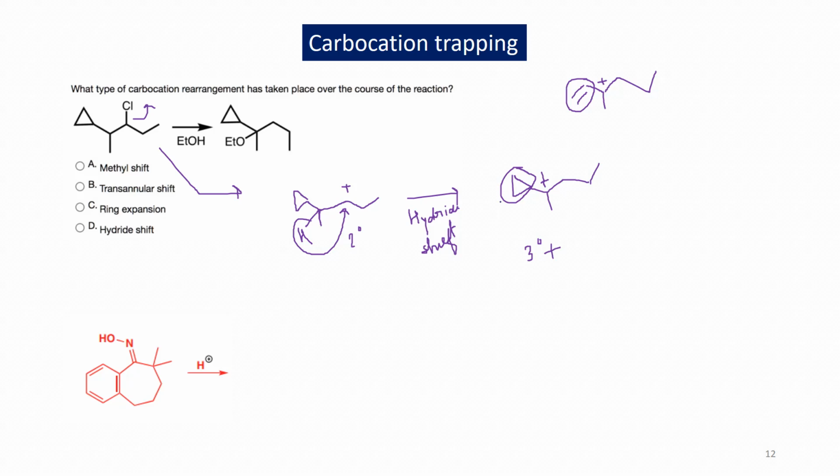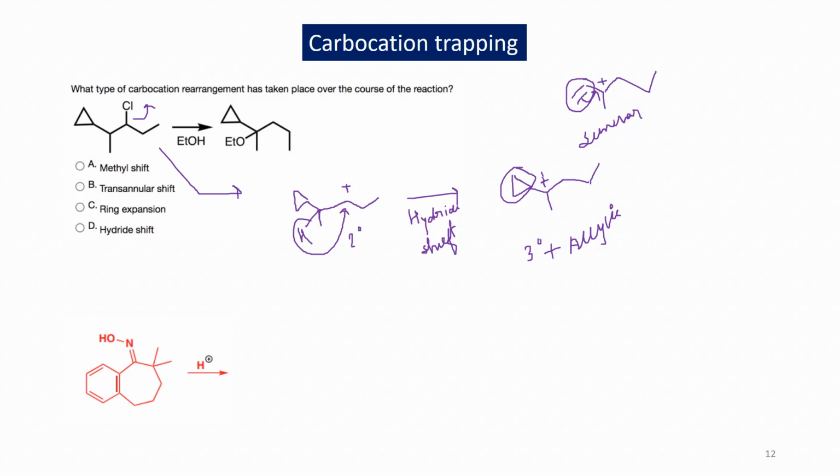Because of this close overlapping, this cyclopropane ring behaves similar to an alkene compound. So now we know that whenever an alkene type of compound is given, it has allylic stability, and this double bond can stabilize this carbocation. Similar stability at this place. So there is allylic stability because the cyclopropane ring behaves as a double bond.